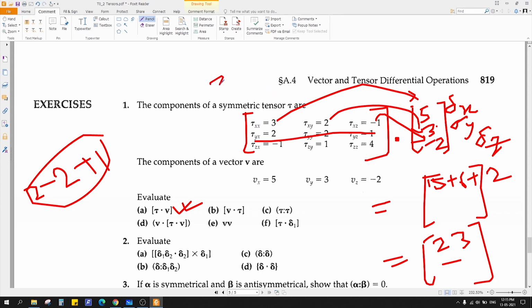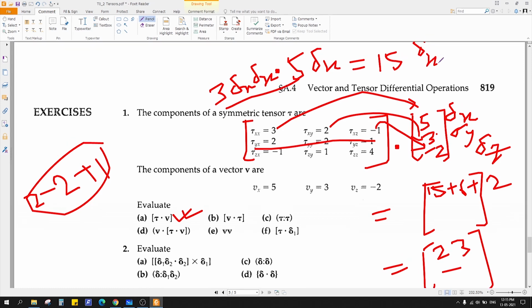This means 3 delta x, and you're doing a dot product with the first component of this, that is your 5 delta x. These are scalars, you can separate them, so this becomes 15. Remember to keep the same order. We have delta x, then delta x here, and dot delta x. What is the dot product of xx? That is 1, right? So 1 cancels out.